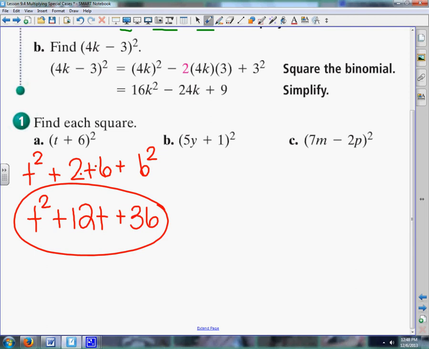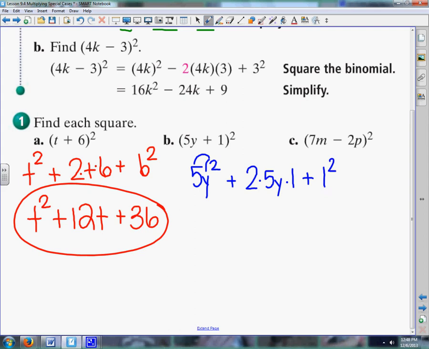So 5y plus 1 squared. You're going to do 5y, and you're going to square that. Now, when it's 5y squared, you have to square the 5 and the y. And then I'm going to have 2 times 5y times 1 plus 1 squared.